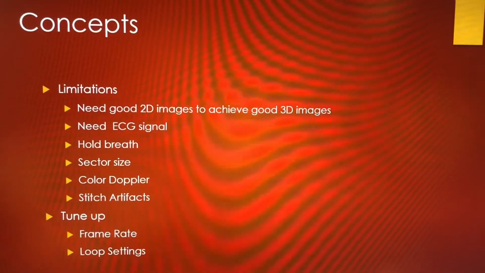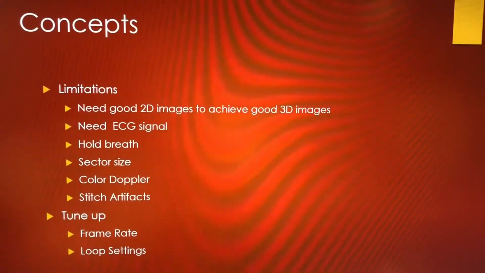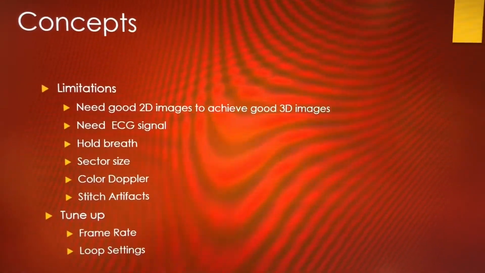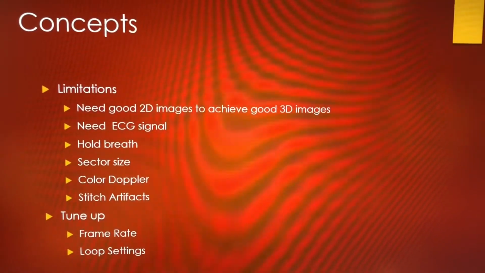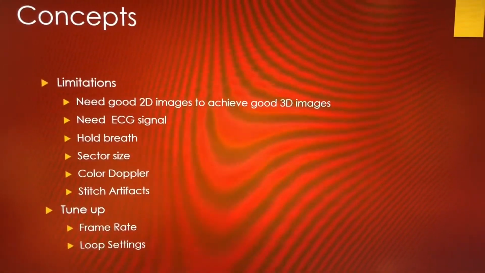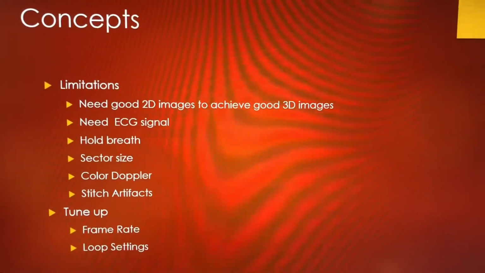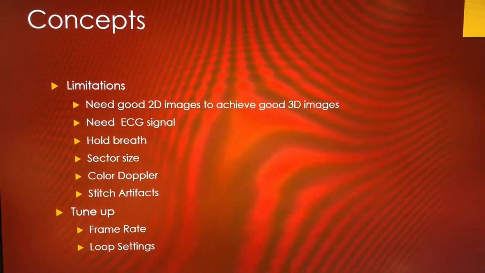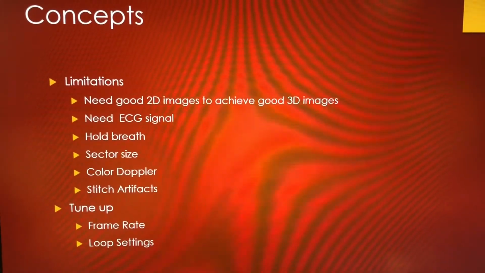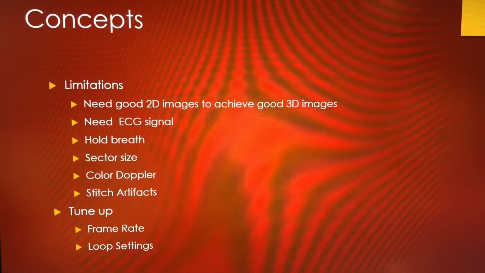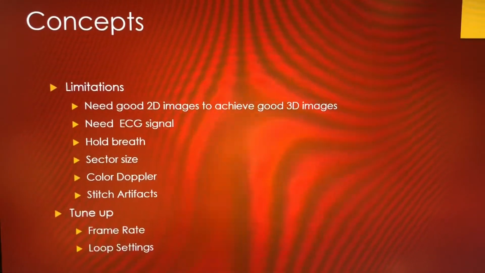Because you're doing volumes instead of just 2D, sometimes it takes a little bit longer to process and capture it. So having them hold their breath helps increase the quality of the image. Sector size, the smaller the sector, the faster your frame rate is, so you can get better pictures and more data, higher quality data. So that's always a good thing.